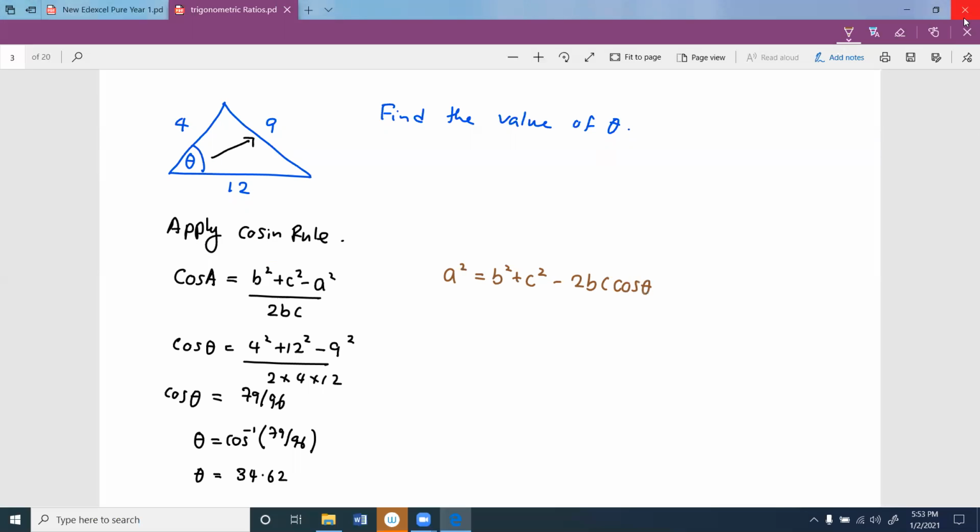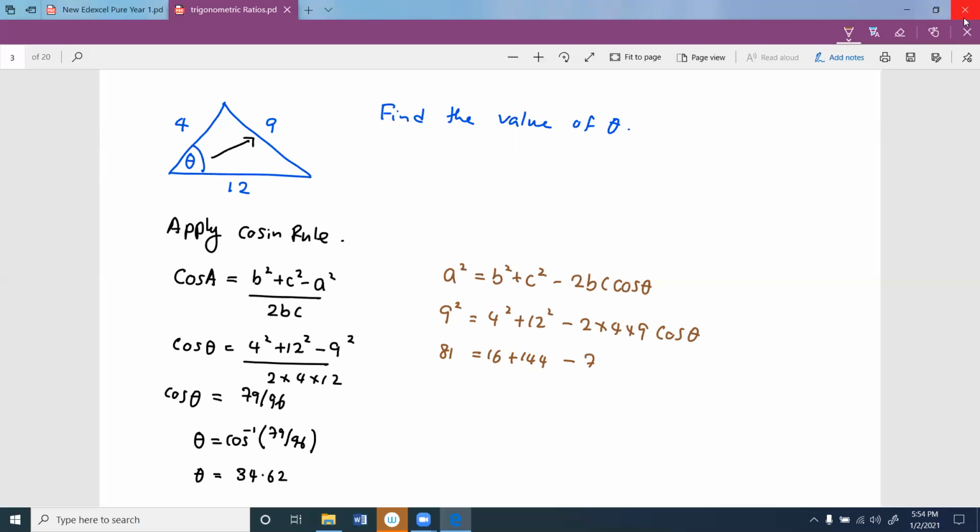So 9 squared equals 4 squared plus 12 squared minus 2 into 4 into 12 cos theta, which is 81 equals 16 plus 144 minus 96 cos theta.